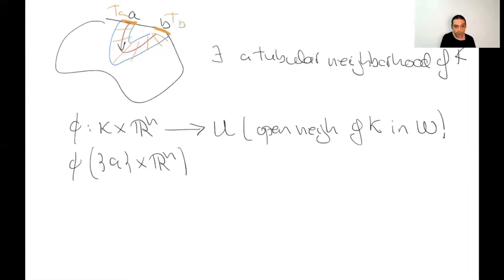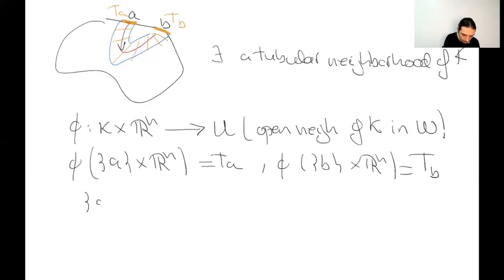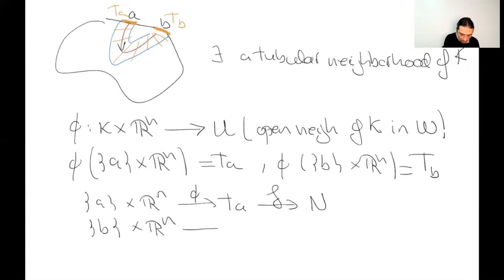And the image of A times R^n is going to be T_A, and the image of B times R^n is going to be T_B. But what we can consider now is the composition of such a map. Here we have phi, and here we can consider f, and f goes to N. And the same thing we can do for B times R^n.